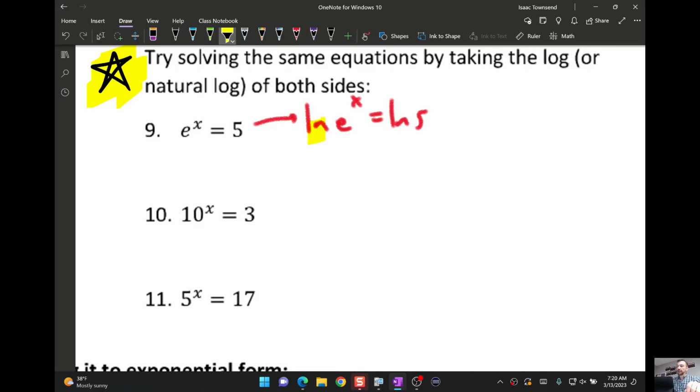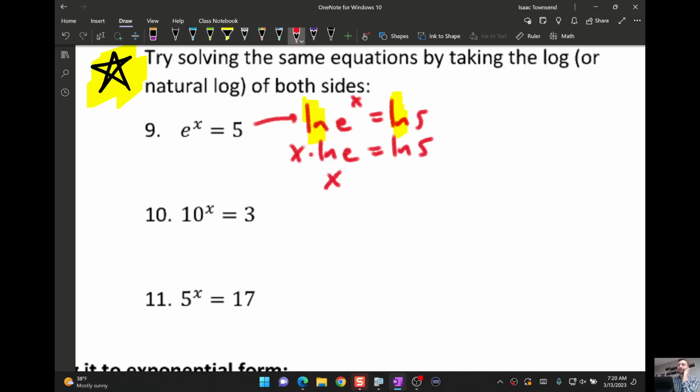If I take the natural log of one side, I take the natural log of the other side. If you'd rather use a normal log, that's okay too, or a common log. Because this is base e, and natural log is base e, that's why I chose to do that. If you take this route, your question is going to finish a little bit differently. Now your exponent is on something that you're taking the log of, so the exponent can come down out front.